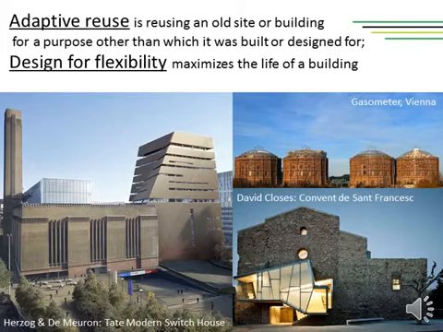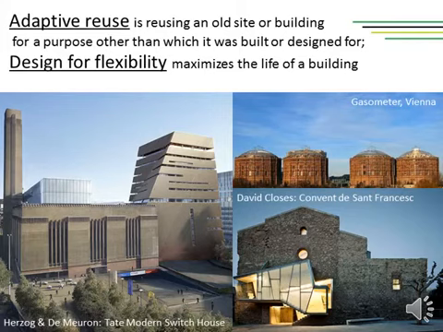Furthermore, some important terminology concerning sustainable conversions is adaptive reuse. This is a process of reusing an old site or building for a purpose other than which it was built or designed for. Here we must be aware of local building regulations and heritage preservation regulations if those exist for a particular building.